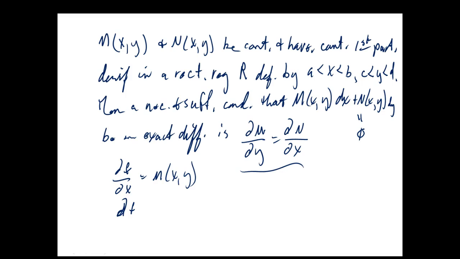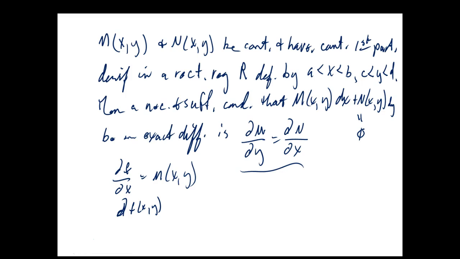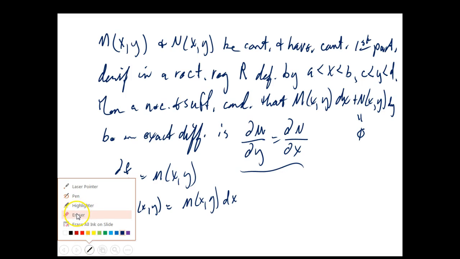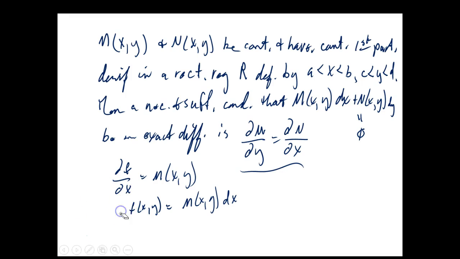The partial of F, and remember F is a function of x and y, is equal to M of xy dx. And since I'm making that a d, I'm going to go back and make this a d too. I'm sorry, it just doesn't feel right having a partial there.